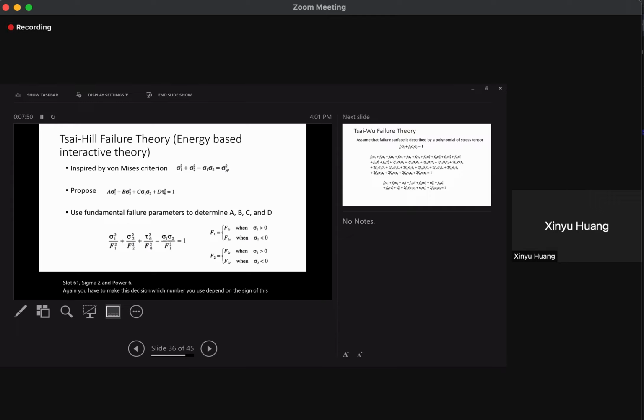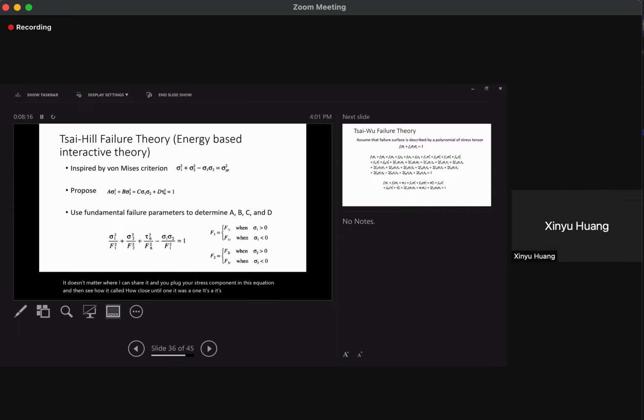If sigma 2 is negative, you got to use F2C, compression, right? And tau 6 doesn't matter. It doesn't matter which direction it is, because for shear there's no difference. Doesn't matter which direction you shear it. And you plug your stress components in this equation and see how close to 1. If it's 1, it's failure.